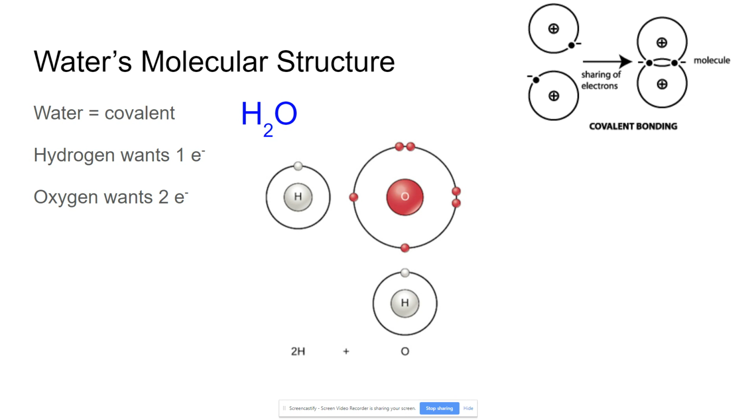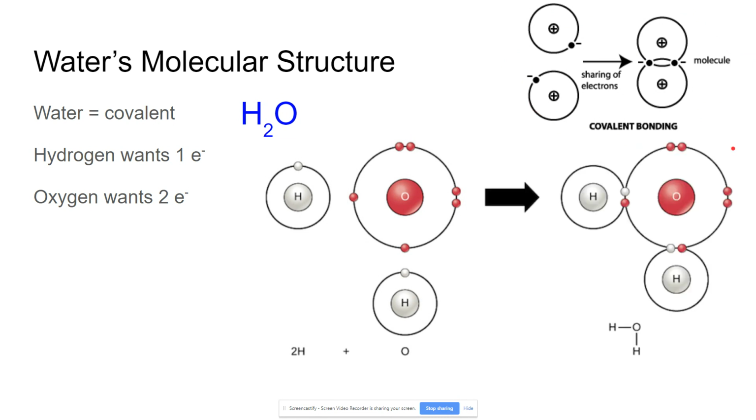And so just like in the picture up at the right, these orbitals are going to start to overlap, and you're going to get a sharing of electrons that makes everyone happy. Everyone seems to be stable. Hydrogen now has, or at least thinks it has, 2 electrons, and the oxygen now thinks it has 8 electrons.